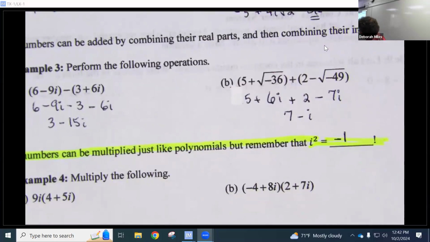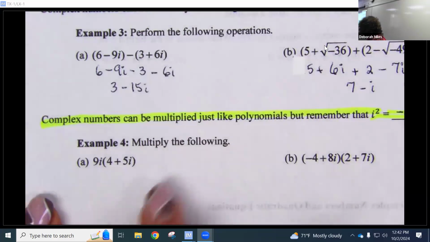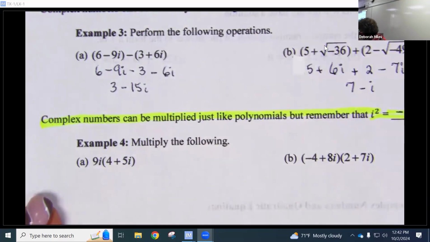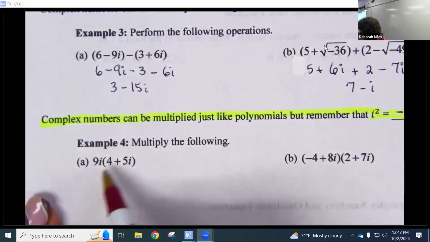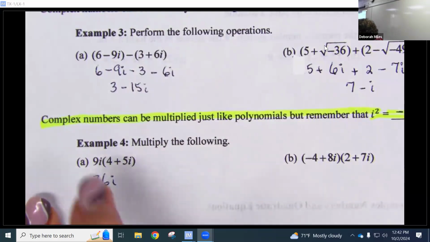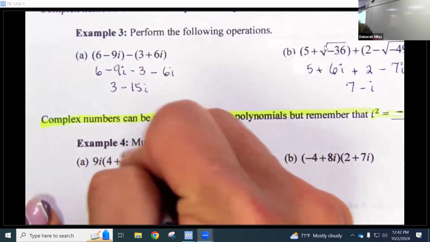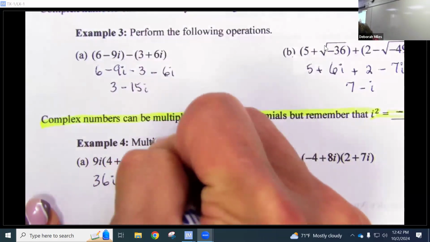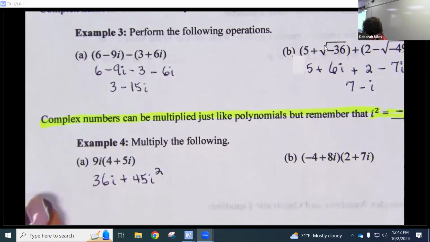So in this A part, without even knowing i is anything special, I could go, I'm going to distribute a 9i. 9i times 4 is 36i. 9i times 5i is 45i squared. But this is your third hypnosis of the day.